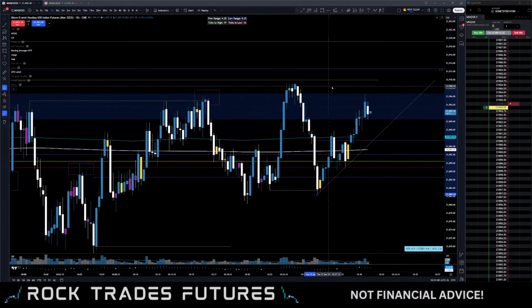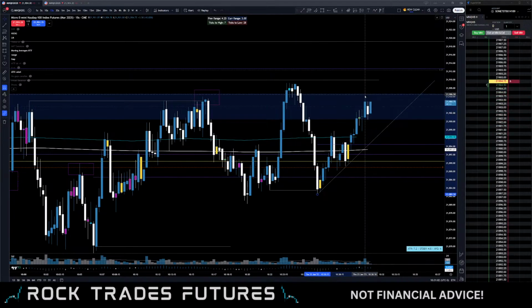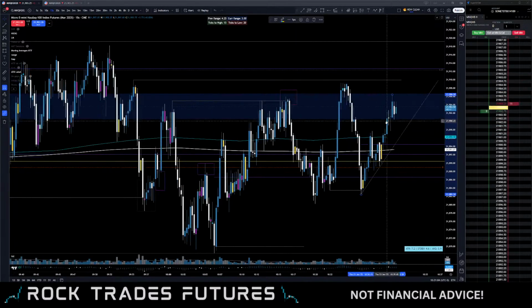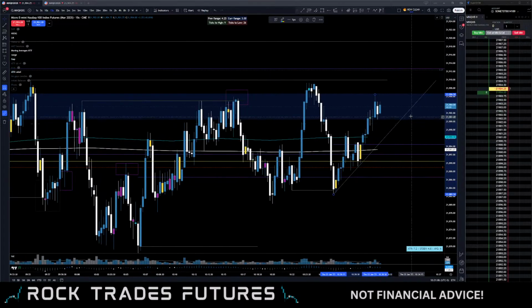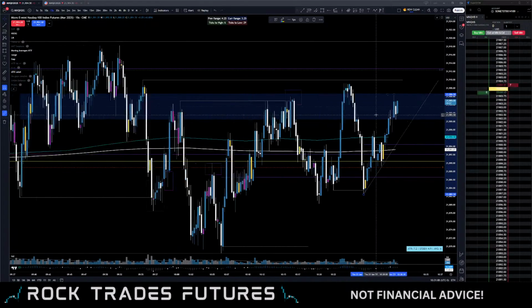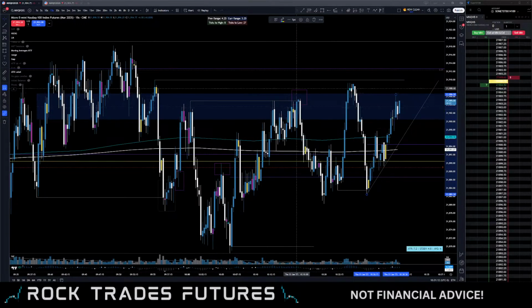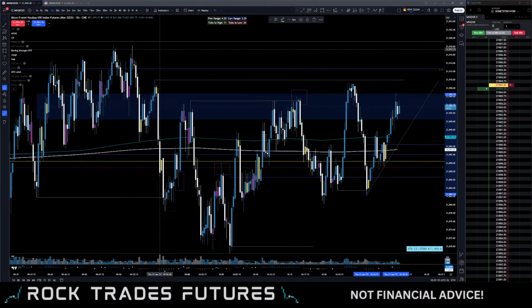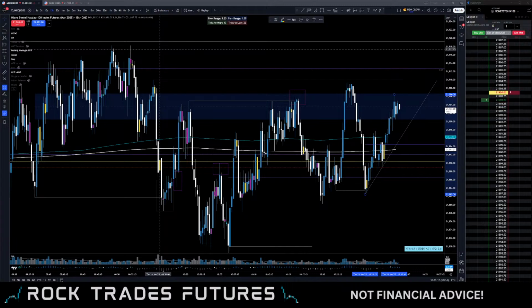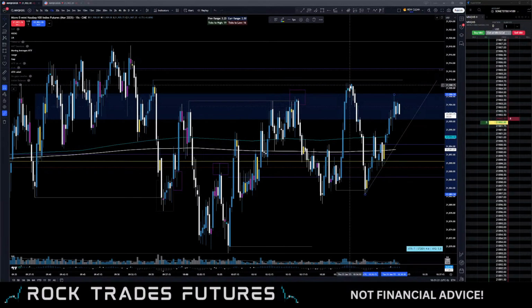Let's just keep swinging our 50% measurement forward here. Inside the initial imbalance. Inside down close on the 1 minute here, surprisingly.